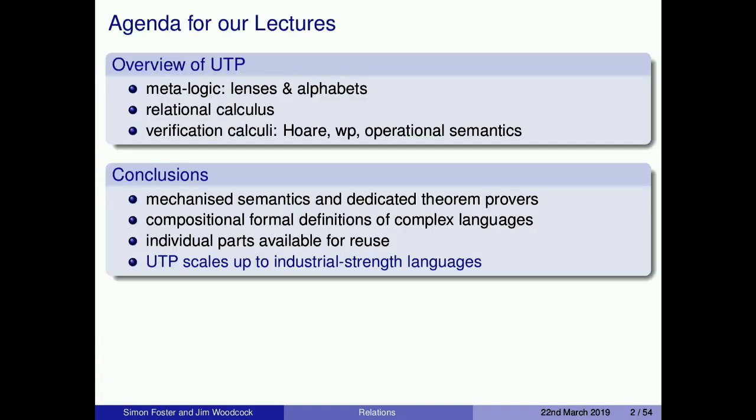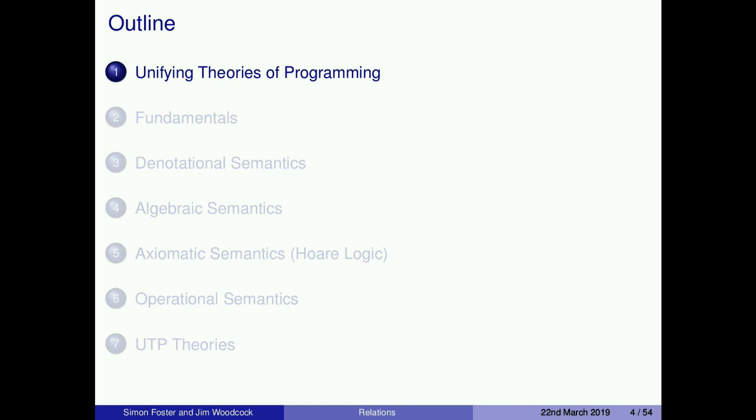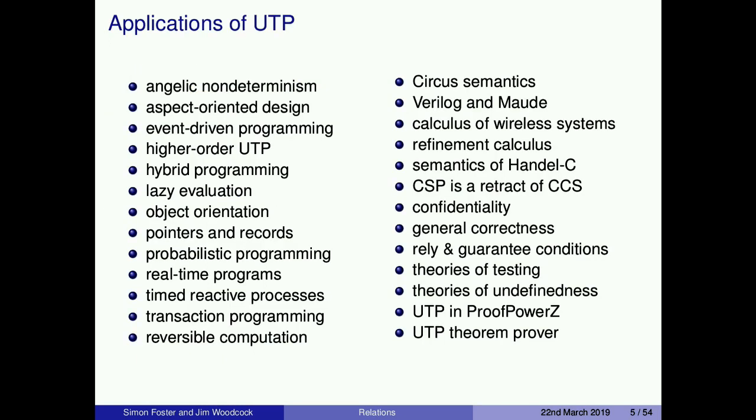Okay, so let's skip that over. So unifying theories of programming, let's go into a little bit more detail about it. UTP is really trying to be a very holistic approach to characterizing these different computational paradigms.